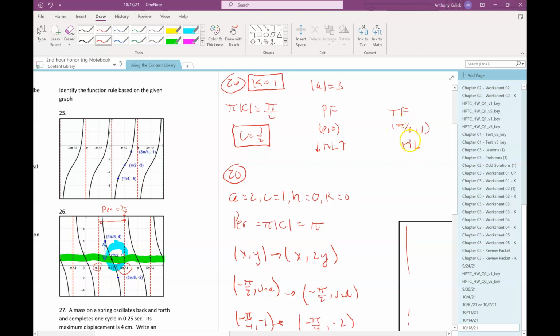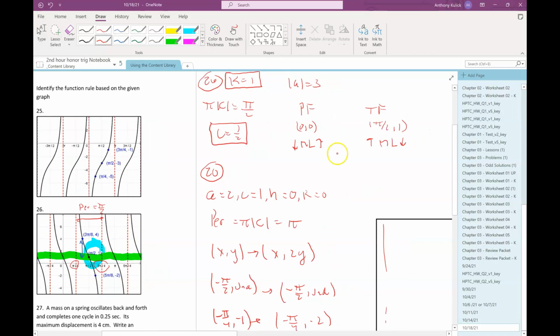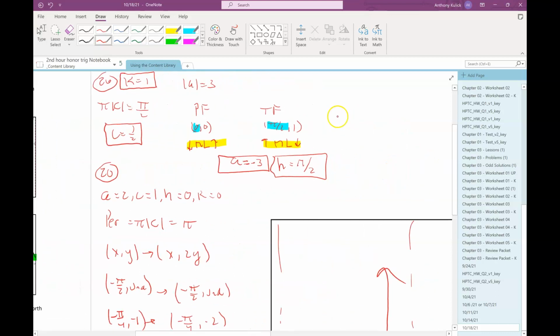And on that midline point, the left end points up and the right end points down. So I can see there, because these are opposite, that the a has to be negative. And because the x-coordinate of the parent function is 0, the h is going to be the x-coordinate for my transform function. So that's pi over 2. And we're all done.